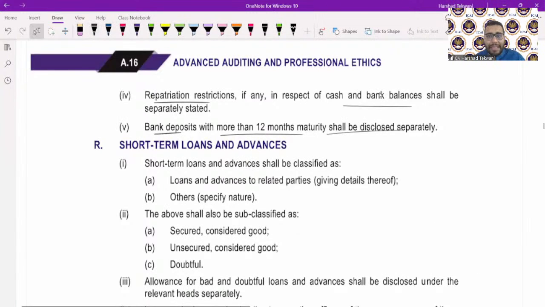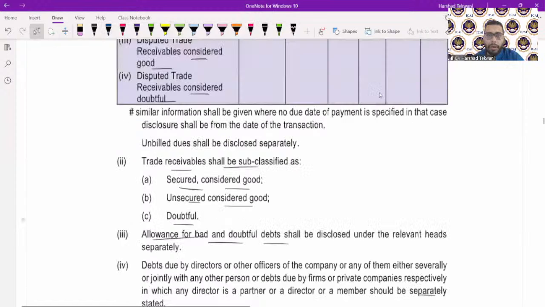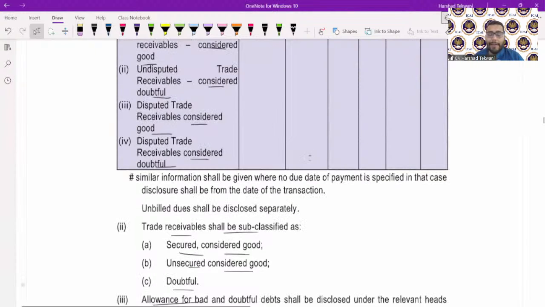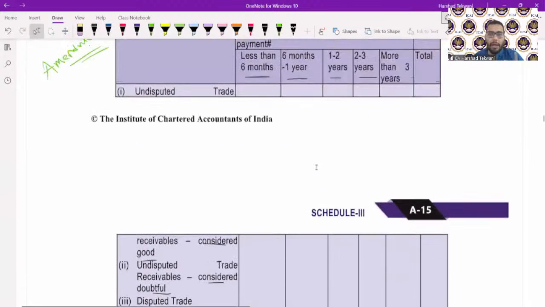Clear? Any doubt on any of the items? Jay, secured, unsecured, you don't show in the aging.